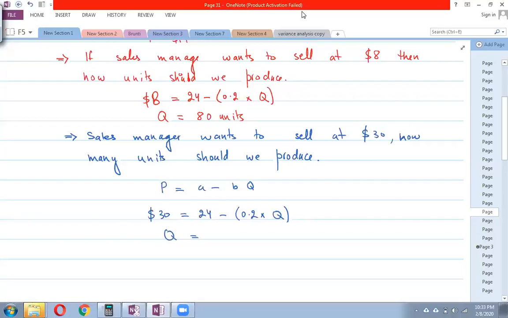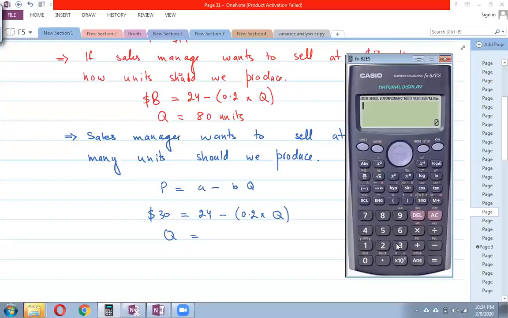If you calculate it, you're going to get 30 minus 24, which is 6, and then you'll have negative sign on this side, and you will be dividing it by minus 0.2, and you'll get a negative answer, minus 30 units.